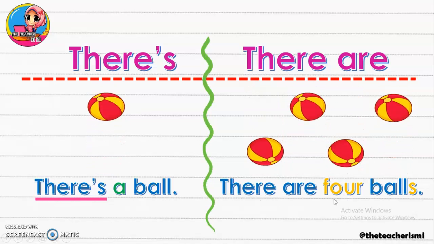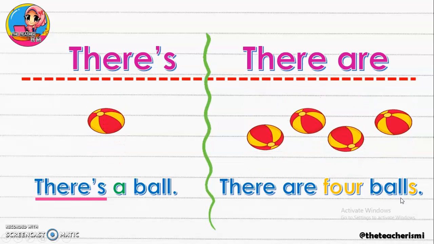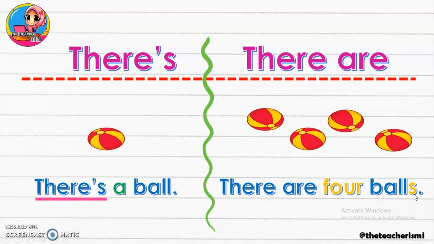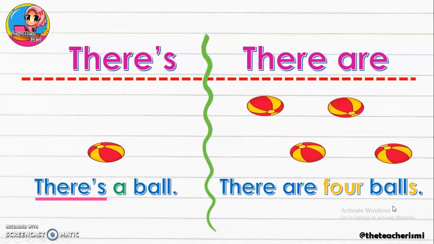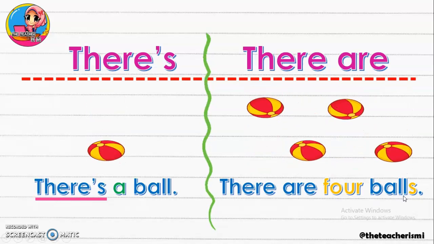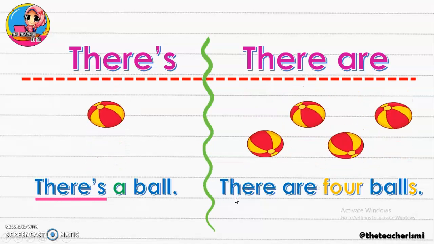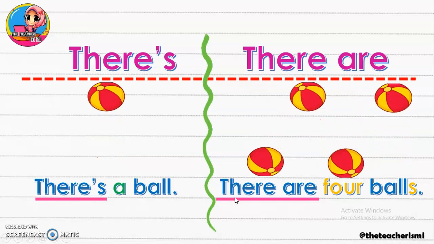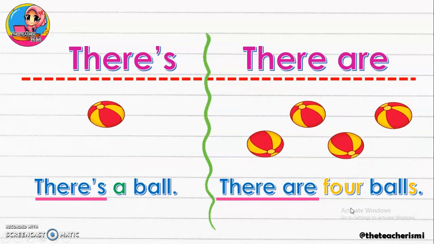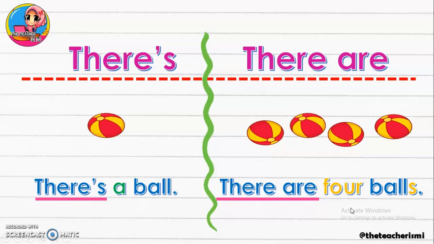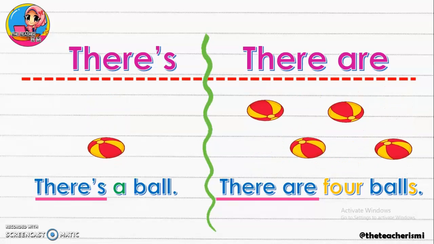Dalam ayat tu kita tengok ada 4. 4 maksudnya 4. Maksudnya balls tu dah ada banyak. Balls sendiri pun bila ada S maksudnya dah banyak. Jadi 4 balls, 4 biji bola. So automatically we need to answer there are 4 balls. Okay, I hope you understand. Teacher harap kamu faham dan masih lagi ingat.